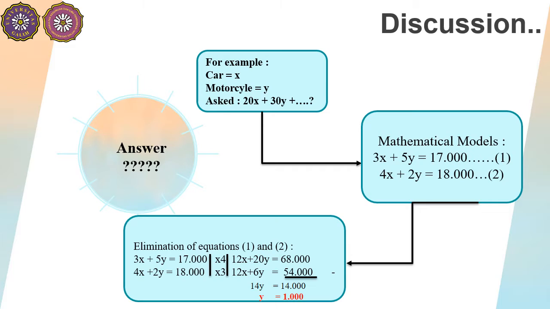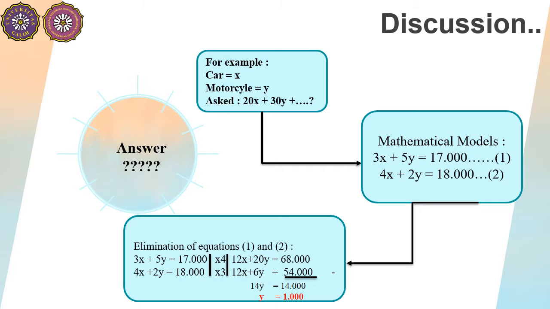Okay, here is the solution to the problem that was given. First, for example, car as x and motorcycle as y. Asked: 20x plus 30y.